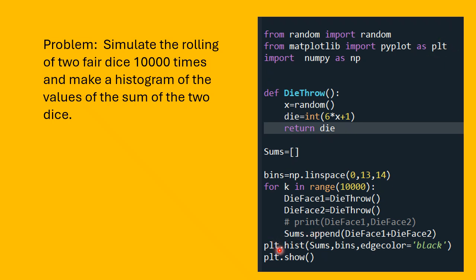So plt.hist, and then we have that array sums, which has all the sums of the throws of two dice, the bins, which is defined up here by np.linspace, and we'll make the edge color of each vertical rectangle black so they stand out pretty well.